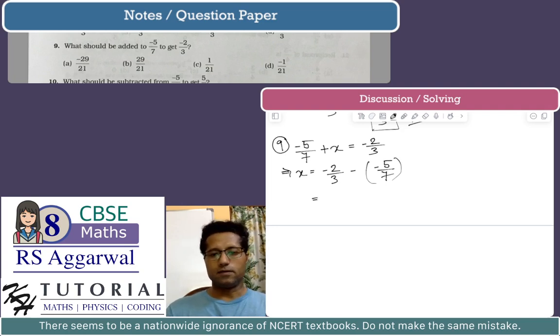Now we know that this will be equal to minus 2 by 3 plus the additive inverse of minus 5 by 7, that is 5 by 7. So you can omit this parenthesis.